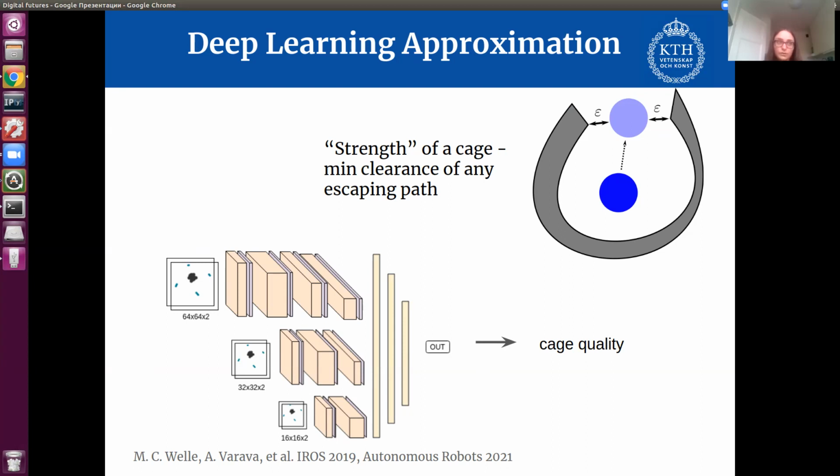This way we can combine computational efficiency, because the whole system now works in just milliseconds, with this really complex geometric notion of interaction between these different objects with complex shapes.